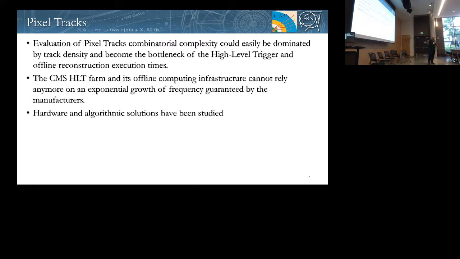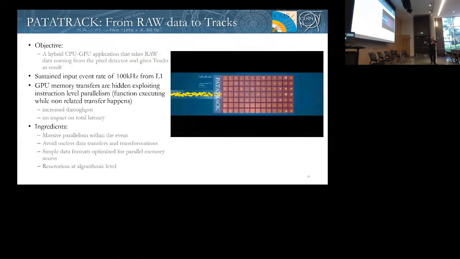For this reason, both hardware and algorithm solutions have been studied. So the idea of the Patatrack project that we formed is that you have input events, 100 kilohertz of events, and you add a layer which is running pixel tracking for every event, but really fast, high throughput pixel tracking.